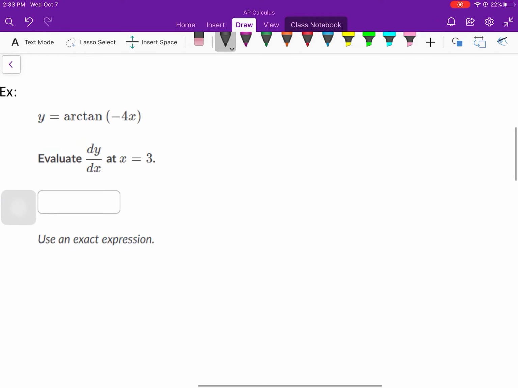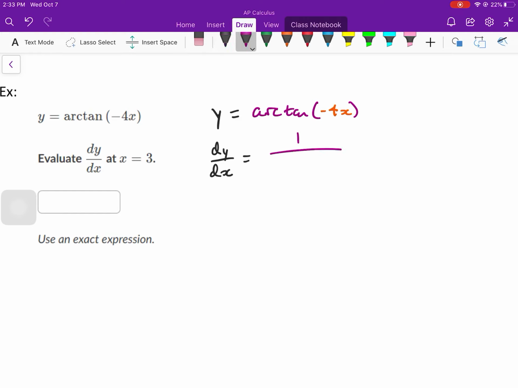So arctangent. We're going to do the derivative of this, so y prime, or dy dx if we want to call it that, is going to be 1 over 1 plus x squared.